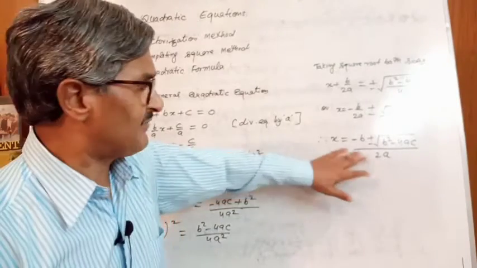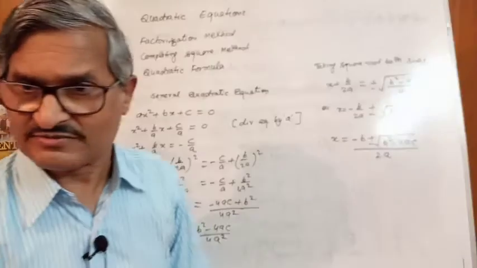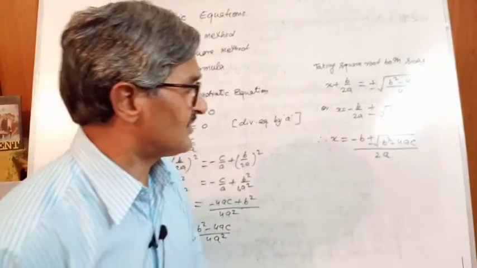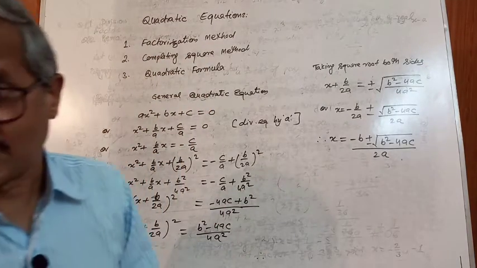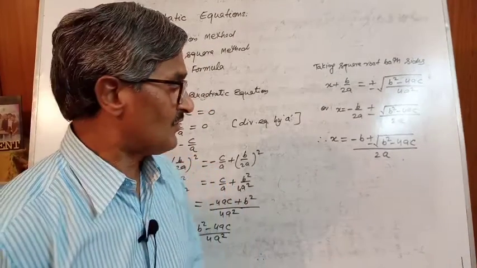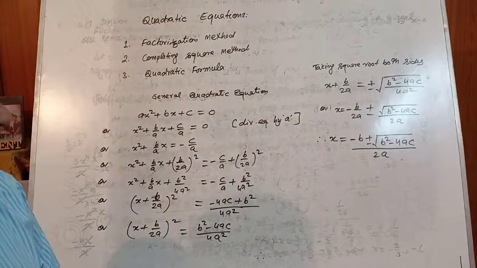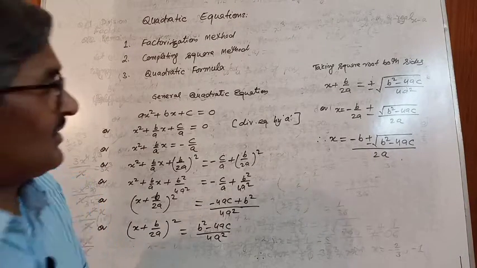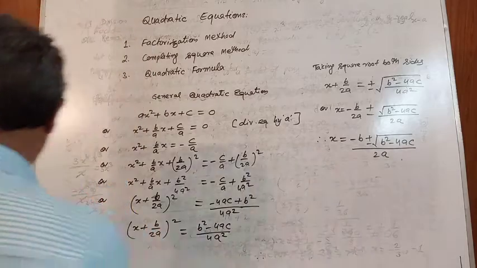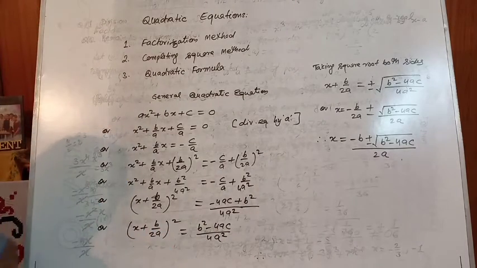Many times we use this quadratic formula and solve the equation directly with its help. Okay, so we will solve some examples. We will take questions from the book and then understand how it works.